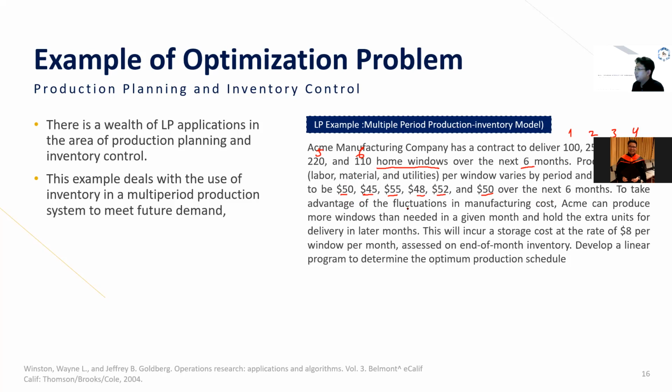But to take advantage of the fluctuations in manufacturing costs, the Acme company can produce more Windows than needed in a given month and hold the extra units for delivery in later months. It means that in some cases, they can produce more than what is requested.